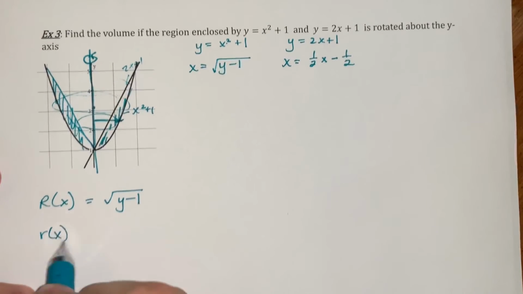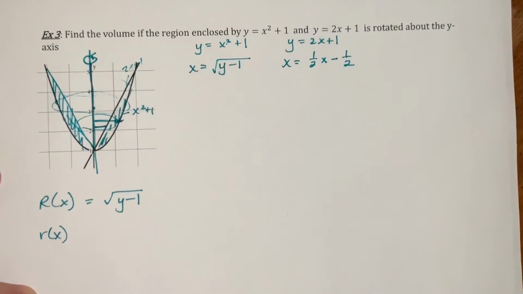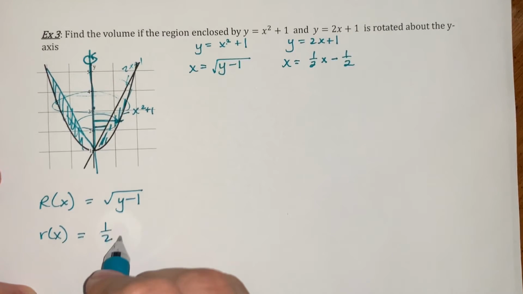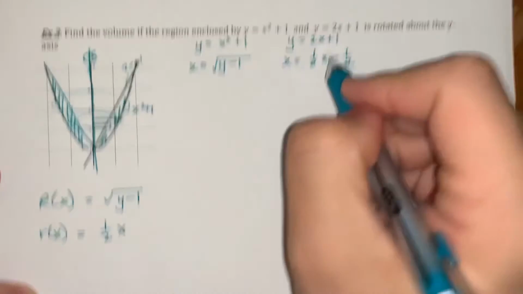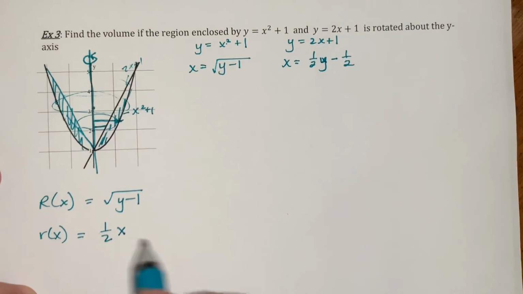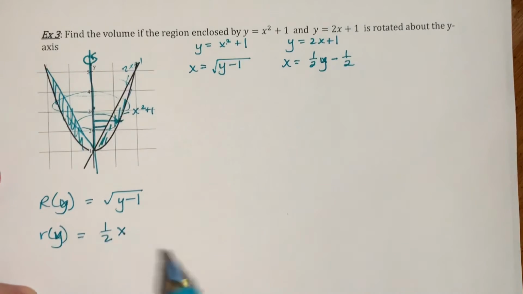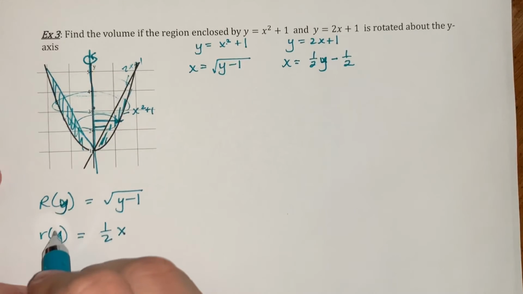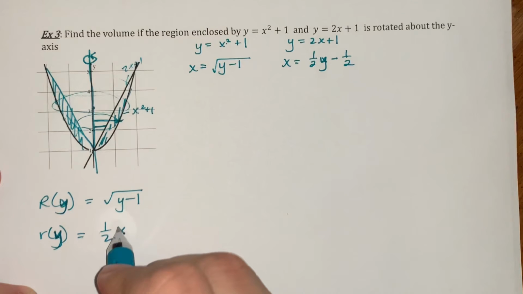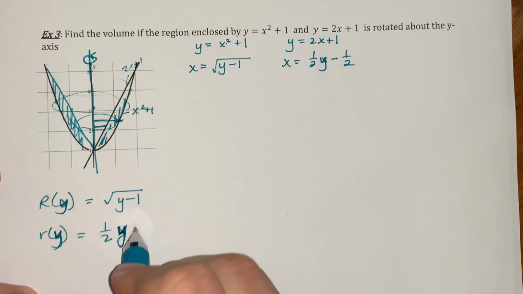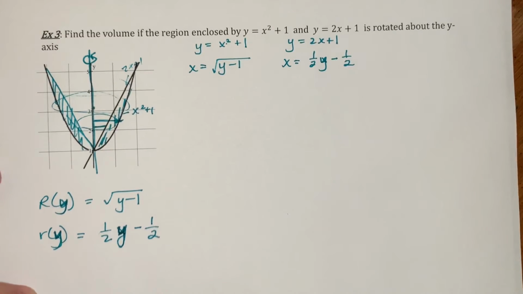And then my inner radius is going to be the other equation. So 1/2 x. No, I meant to say y. Everything's in terms of y. So that'll be 1/2 y minus 1/2. This is sloppy, but I think you get the point.